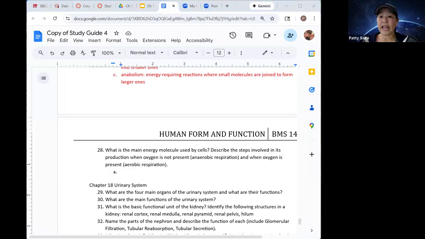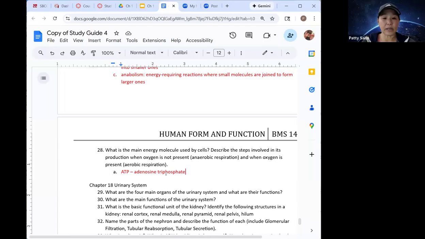It is called ATP. ATP is the main energy molecule, adenosine triphosphate. This tells you that it has three phosphates attached to it.